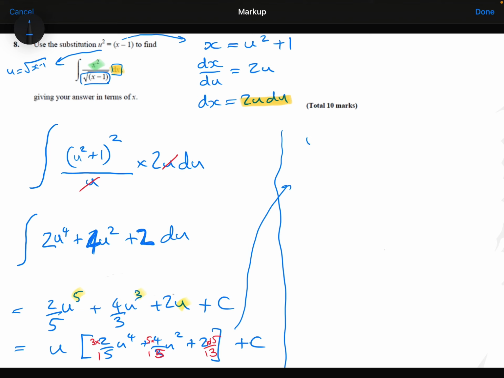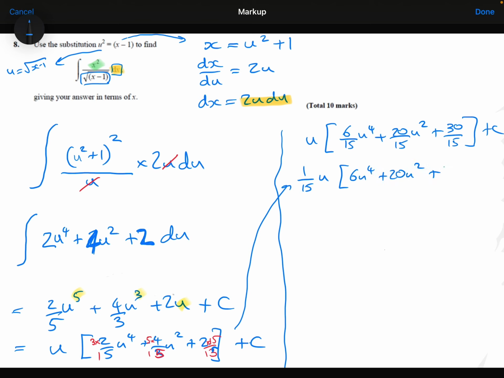So this is going to give me 6 over 15 u to the power 4 plus 20 over 15 u squared plus 30 over 15. I can then take that 1 over 15 outside to leave me with just this.